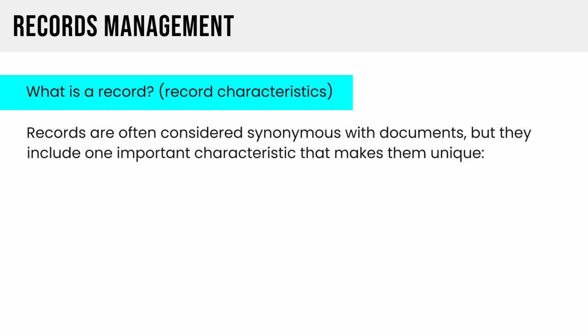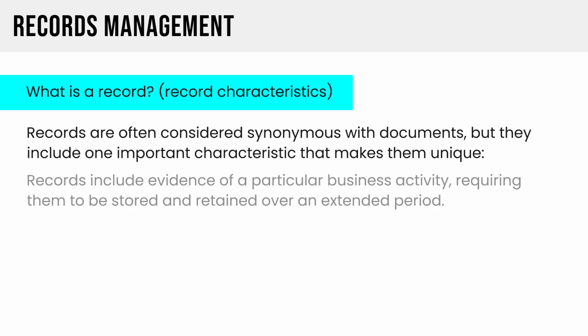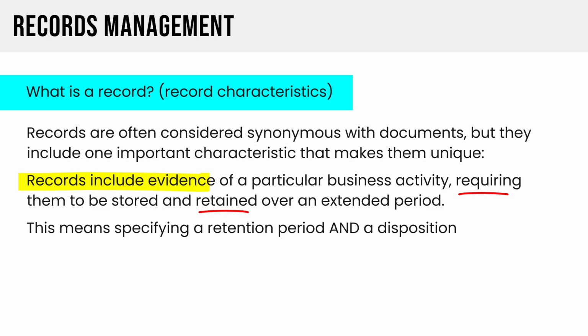Well, records are often considered synonymous with documents, but records are different from a plain old document in one important way that makes them very unique. Records include evidence of a particular business activity, requiring them to be stored and retained over an extended period. So this means we need to specify a retention period and a disposition, which means what are we going to do with that document at the end of that retention period.